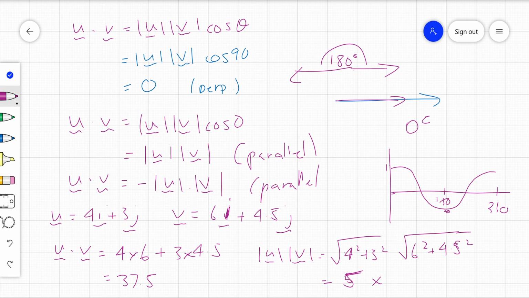Use your calculator, it should be 7.5. If I multiply those two, I'm getting 37.5. So u dot v equals the magnitude of u times the magnitude of v. Therefore, they must be not only parallel, but heading in the same direction, because that wasn't a negative. If this was a negative 37.5, I would say they are parallel, but heading in opposite directions. So hopefully that helps you understand that.